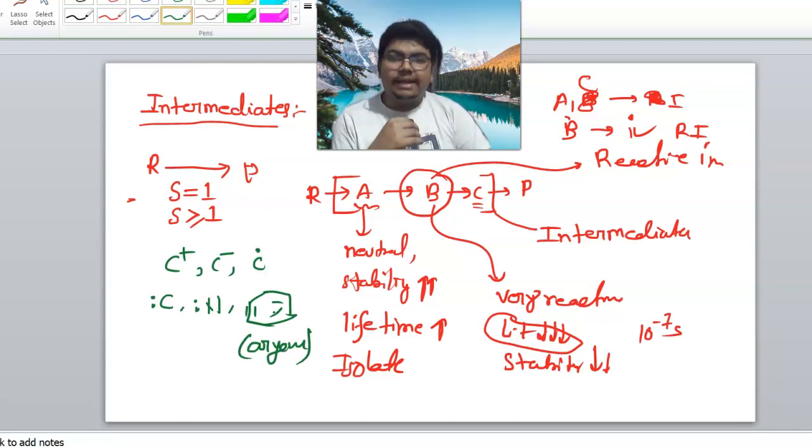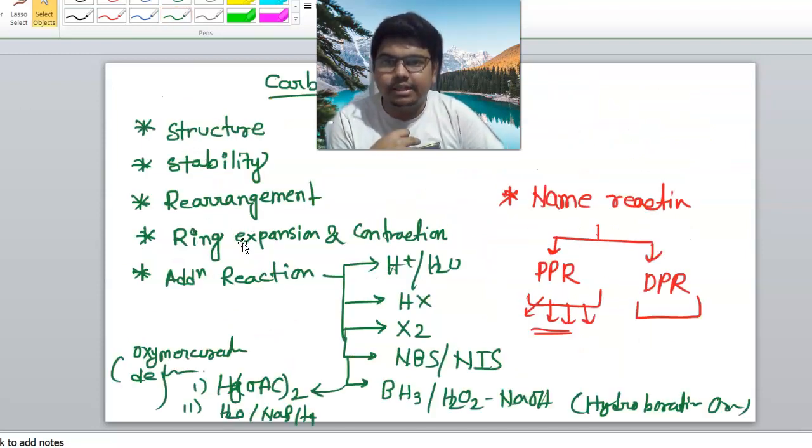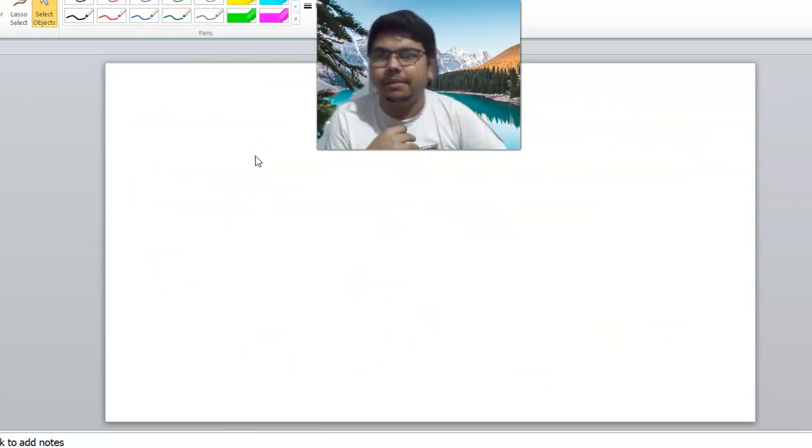There are more types of arine. Benzyne is a type of arine. So the name of the reactive intermediates is arine. We are going to discuss all of them in that much detail. First we will discuss structure. Then, as I have shown you before, stability, rearrangement, and all possible reactions associated with them, in the upcoming videos.